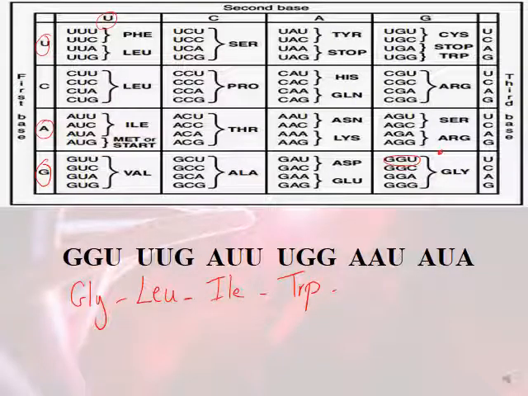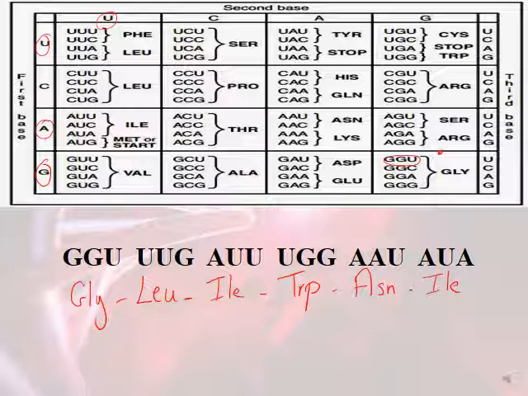Then AAU: first letter A, second letter A, and third U, so it's asparagine, ASN. And finally, the last codon, AUA, is also isoleucine, ILE.